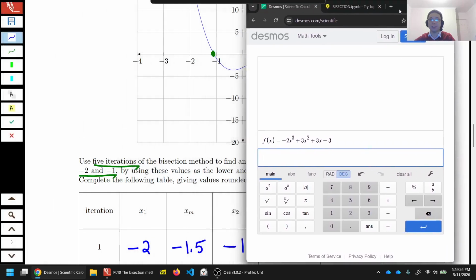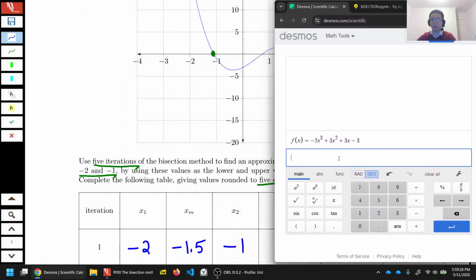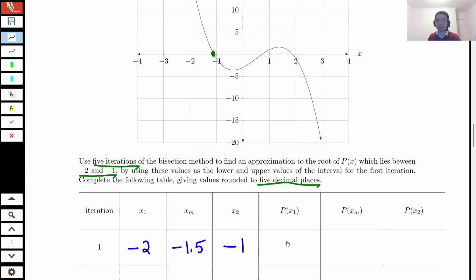Not a fancy calculator by any means. So I've already defined the function. So f of -2, f of -1.5, and f of -1. So the numbers that come out are 19, 6, and -1. Okay, so where did the function change sign?